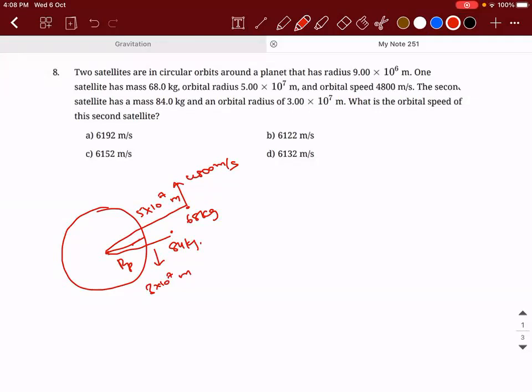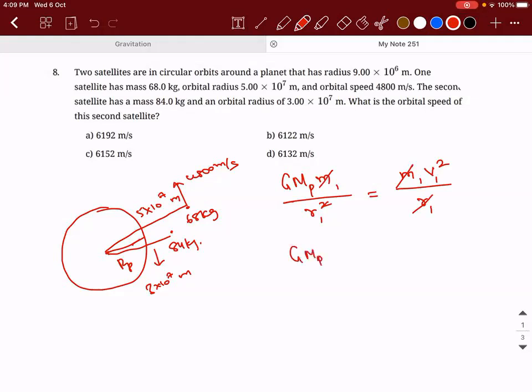So how to calculate? G mass of the planet into mass of the first satellite divided by R1 square is equal to M1 V1 square divided by R1. Cancel this, so it will get cancelled.